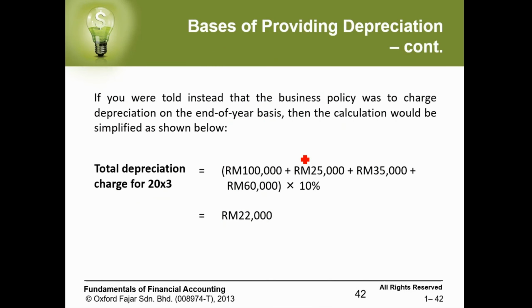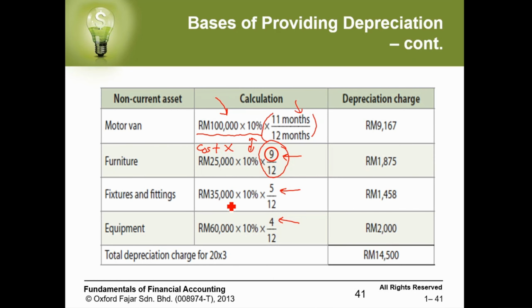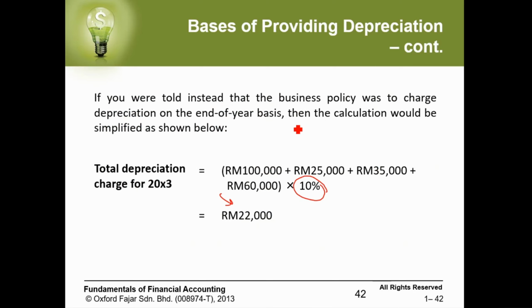So if you were told instead that the business policy was to charge depreciation on an end-of-year basis, then the calculation would be simplified: for each one of those assets, you just take 10%. If you see, when we took month to month, our depreciation amount was only 15,500. But when we take it on a year basis, the total depreciation becomes 22,000.